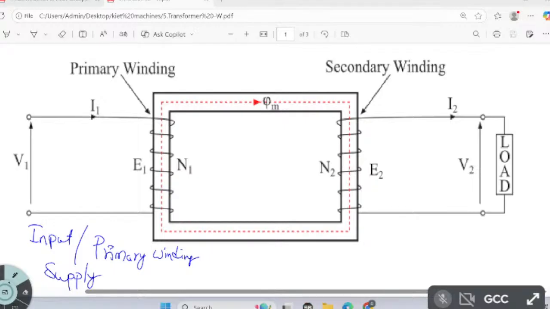Supply means we insert our mobile charger in the socket, that is, we are giving supply. The winding connected to the supply is known as the primary winding, input winding. This one is called the output winding, or you can say secondary winding.